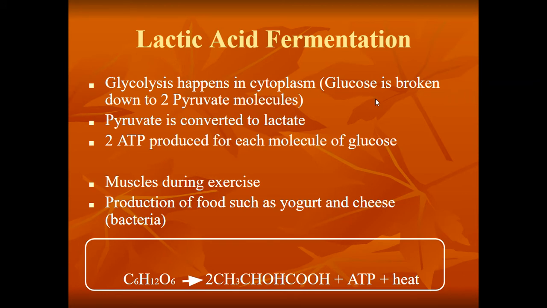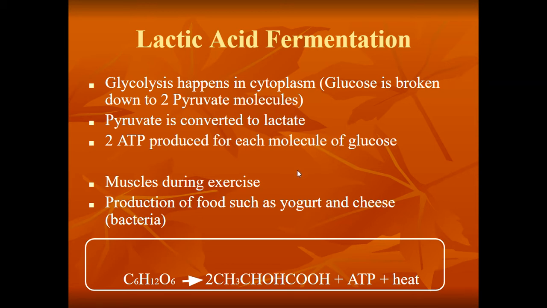Our sugar is broken down into our 2 pyruvate molecules, like it always is. But instead, in that half stage after glycolysis, this pyruvate is converted into something called lactate. We still get our 2 ATP produced from stage 1, like we always do, for each molecule of glucose. So we're still getting some ATP production, even though we can only go through stage 1.